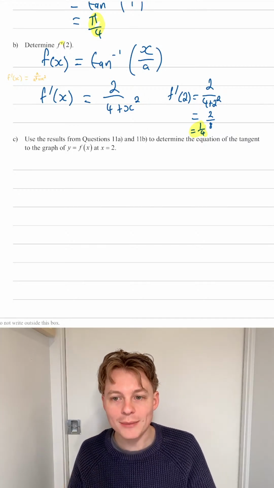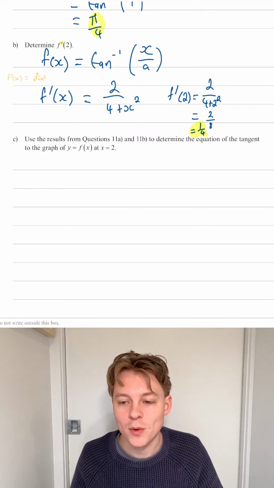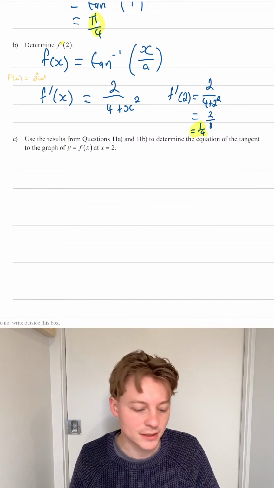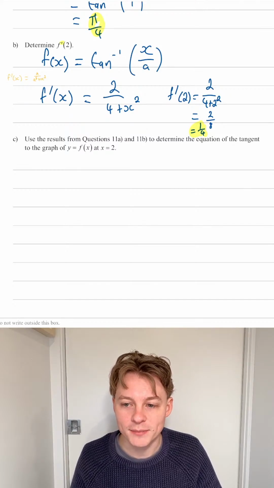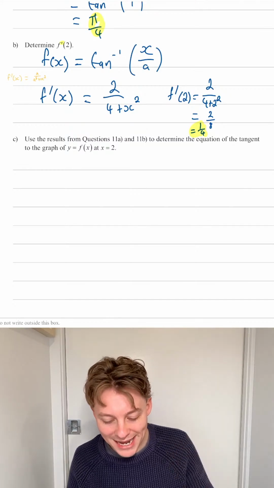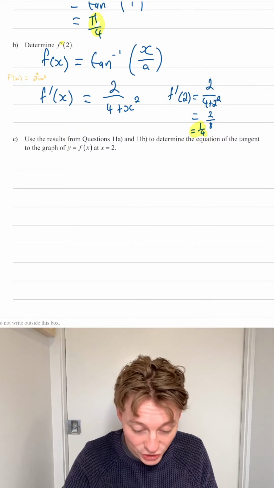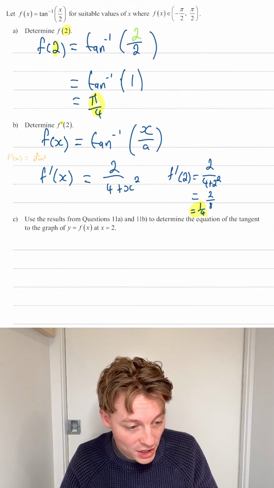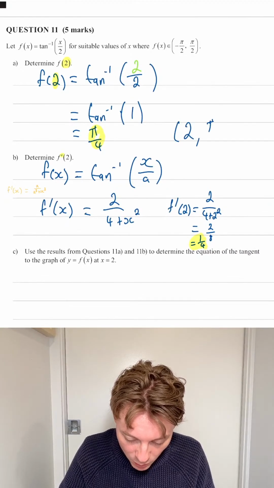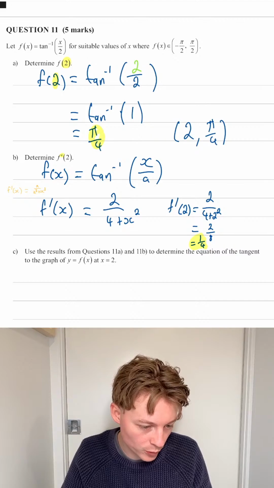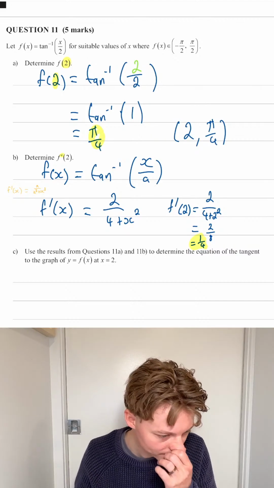Okay, so I'm trying to determine my equation of the tangent at x equals 2. Parts A and B have both given me some very important values. In part A, I found essentially a coordinate point. I know from part A that when my x coordinate is 2, my y coordinate is pi on 4. So that's what part A tells me.